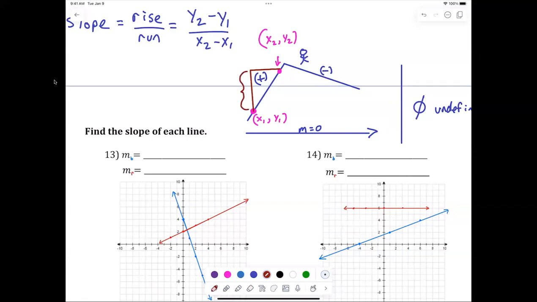This distance is defined as y2 minus y1. No, hold up, we'll get there, I promise you. The distance between the 2 y values, between y2 and y1, is simply y2 minus y1. That's all it is.